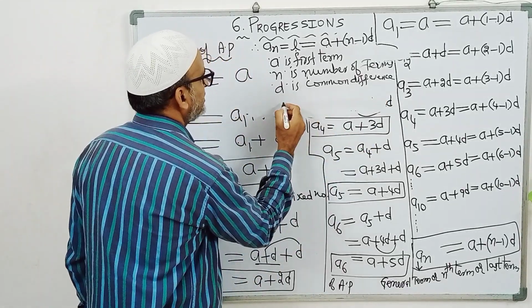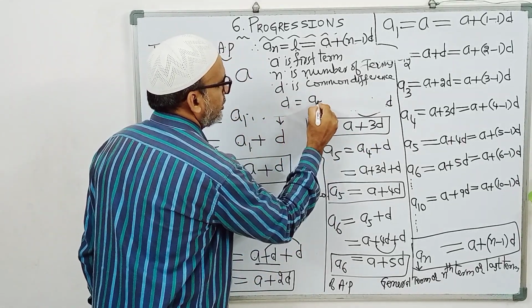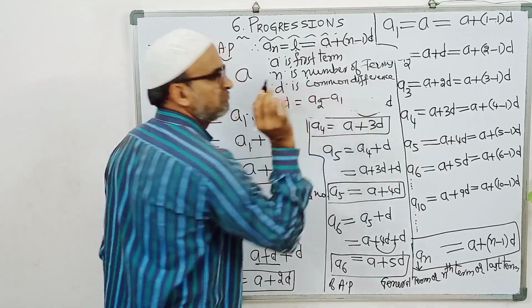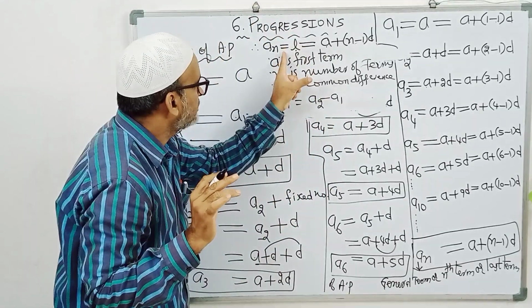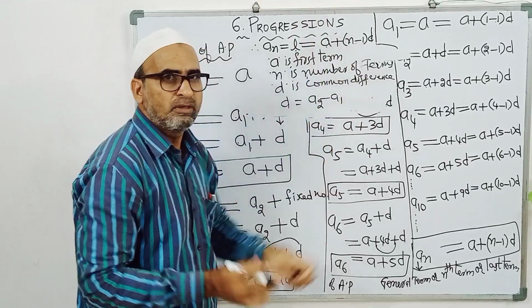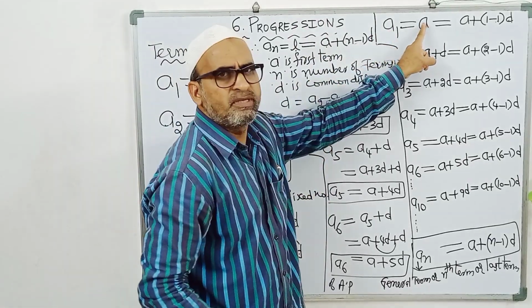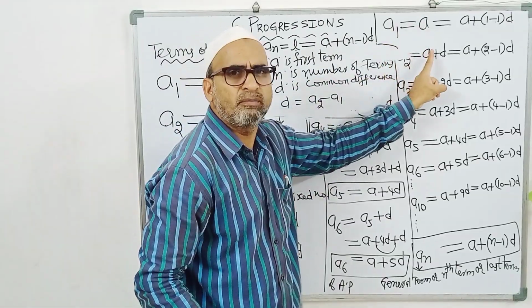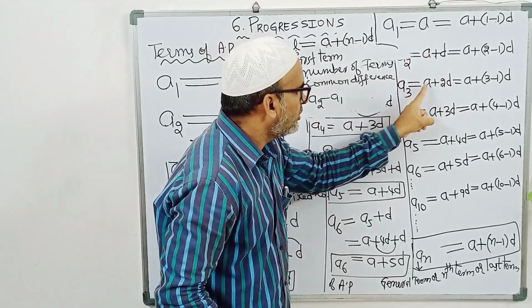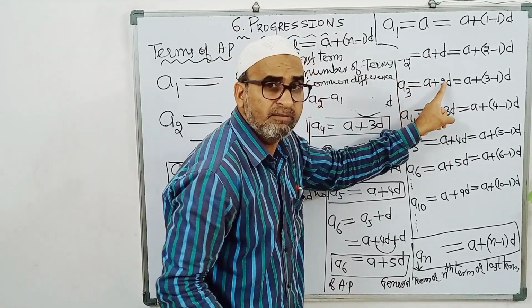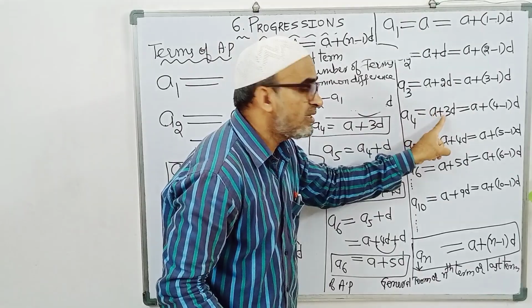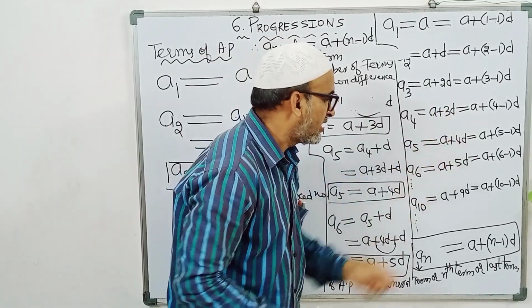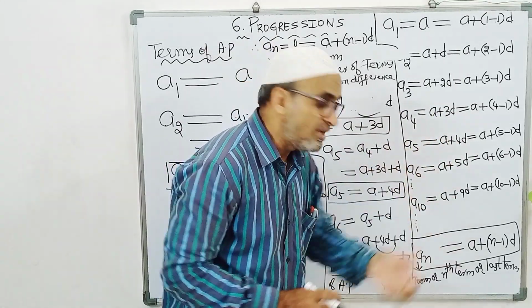Next, D is equal to formula. If it is asking, D is equal to A2 minus A1. For 2 marks you will get this question. Now A1 is equal to A. A2 is equal to A plus D. A3 is equal to A plus 2D. A4 means A plus 3D. A5, A plus 4D. A10, A plus 9D.